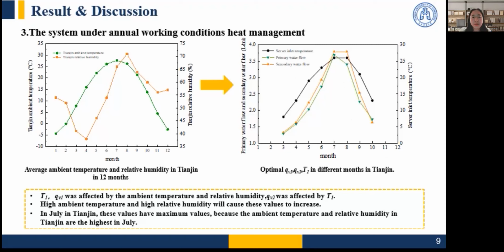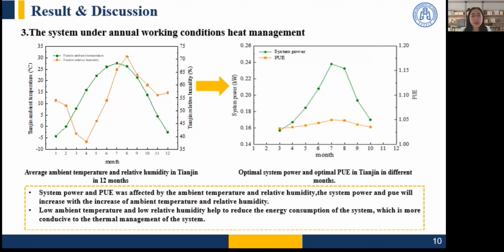High ambient temperature and high relative humidity will cause those values to increase. In July in Tianjin, those values have maximum values because the ambient temperature and the relative humidity in Tianjin are the highest in July. System power and PUE were affected by the ambient temperature and relative humidity.